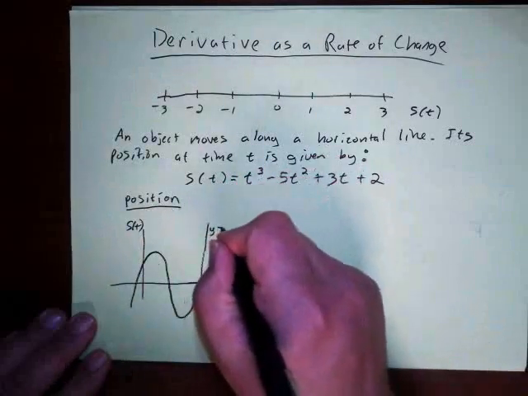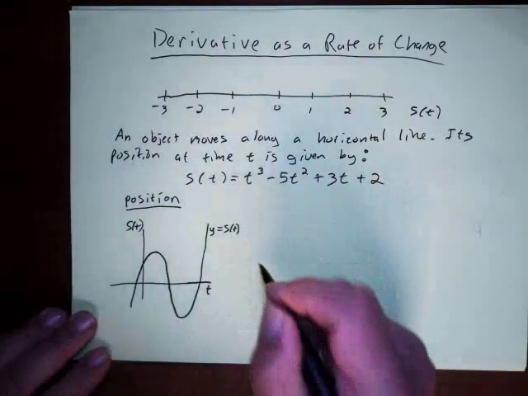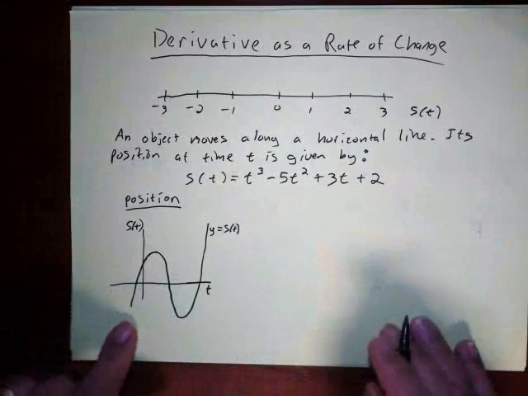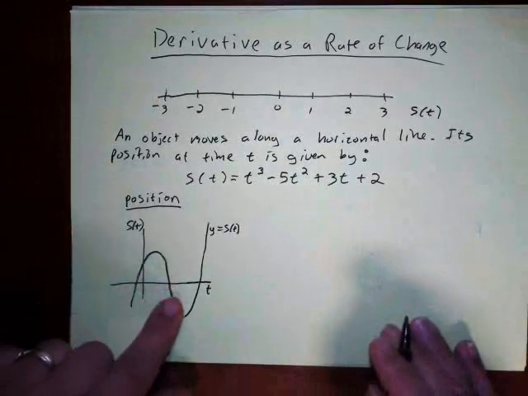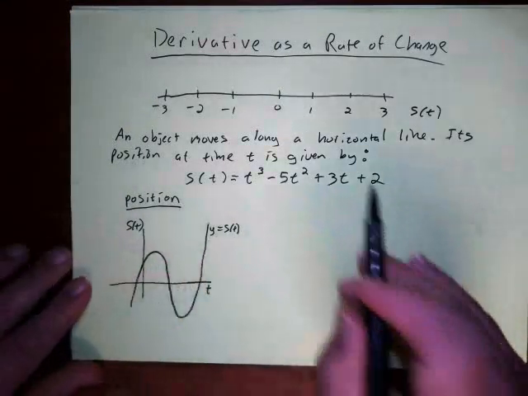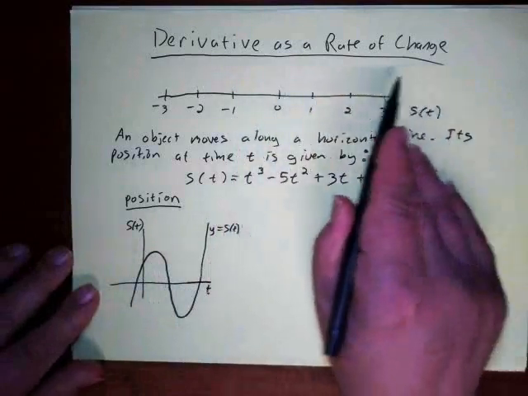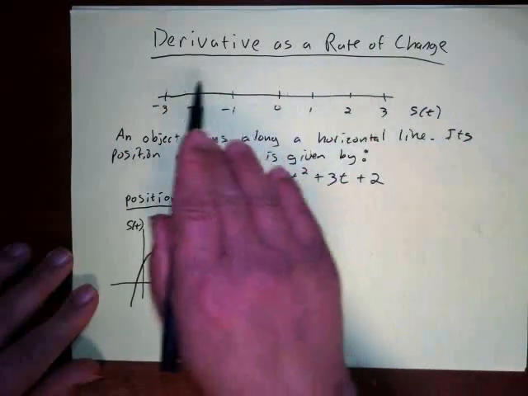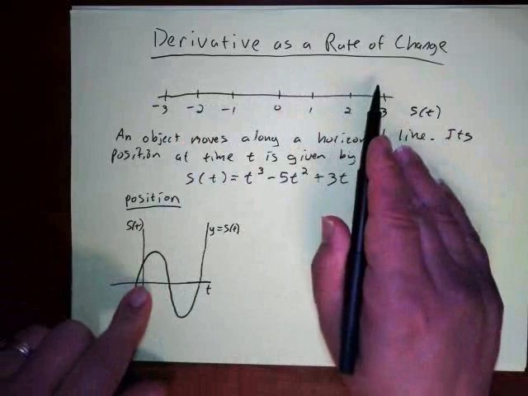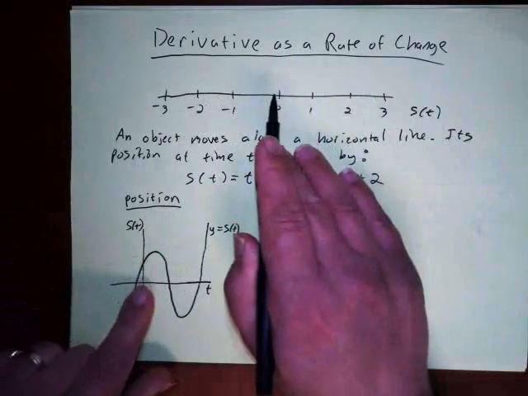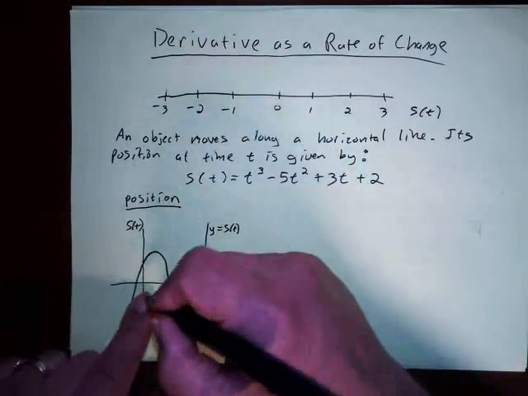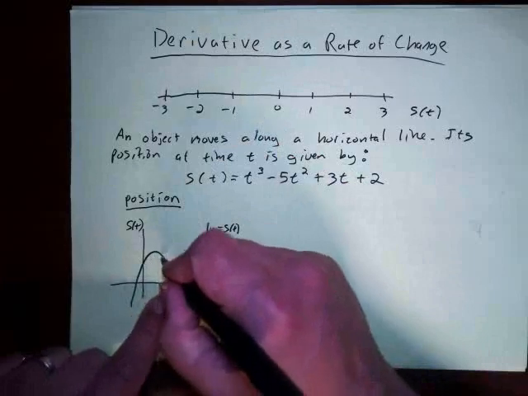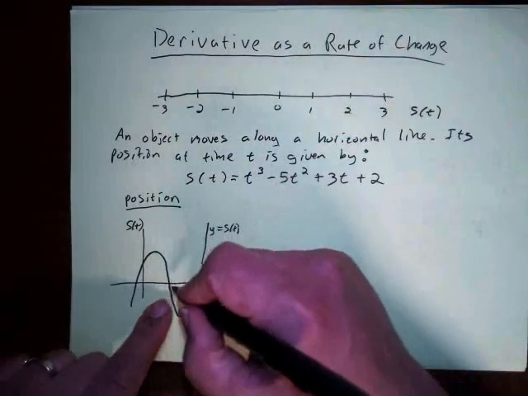This graph is like y equals s of t. Now this is not the path that the particle takes. The path the particle takes is just along this horizontal line. So for every time t, it gives the position of the particle at that time.